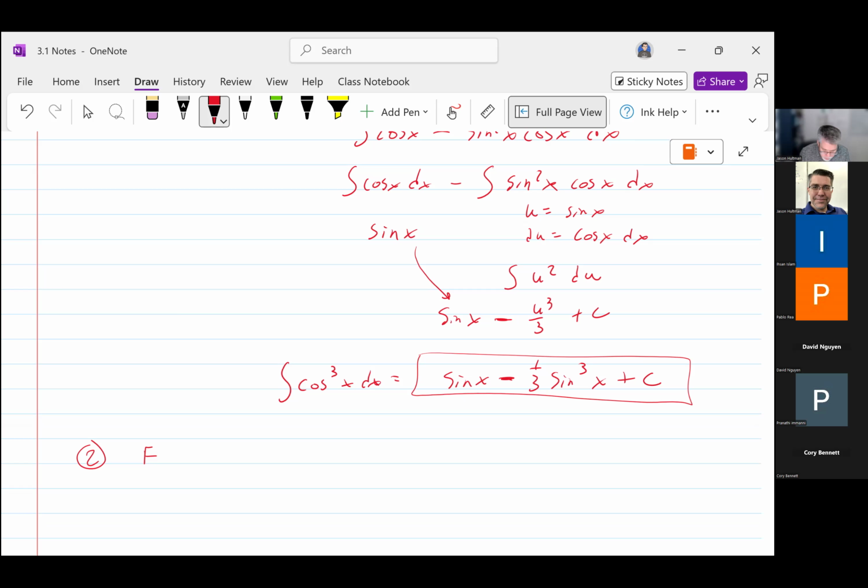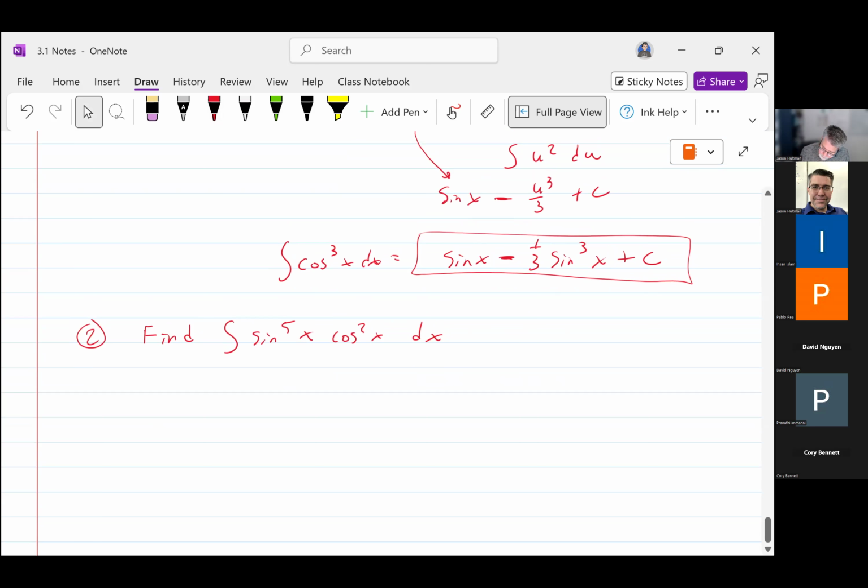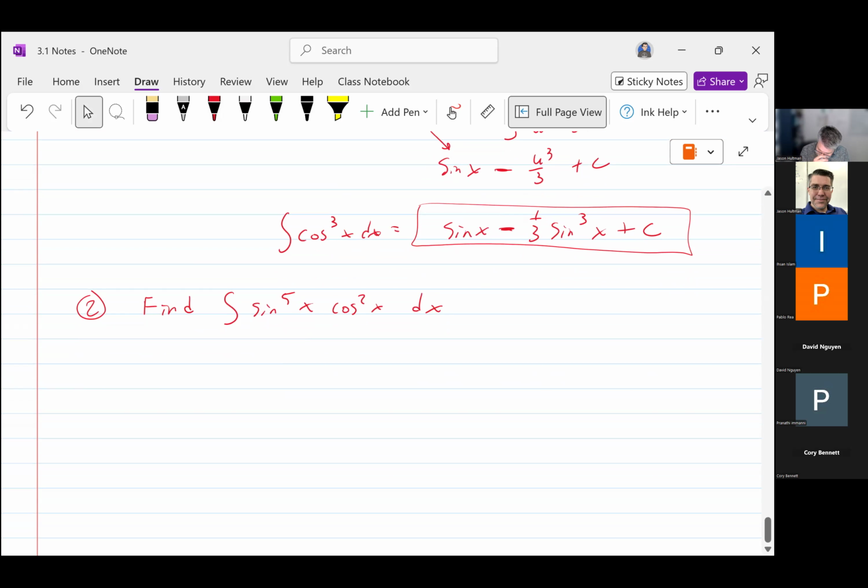Good catch. Okay, number 2, find the integral of sine to the 5th x times cosine squared x dx. Okay, so this is going to be the integral. Because sine is odd, I'm going to pull out a sine.